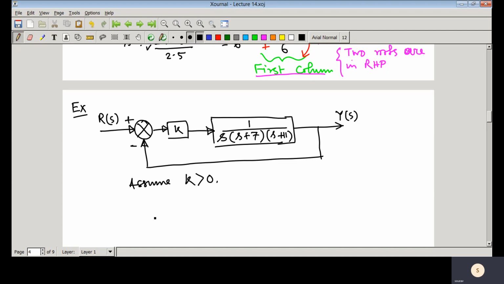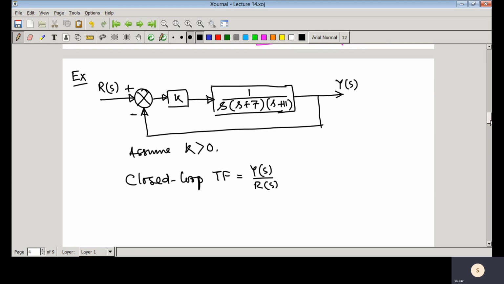So what would be the closed loop transfer function? So closed loop transfer function, that is Y(s) by R(s). So that is actually the forward path transfer function, K divided by s into (s plus 7) into (s plus 11).